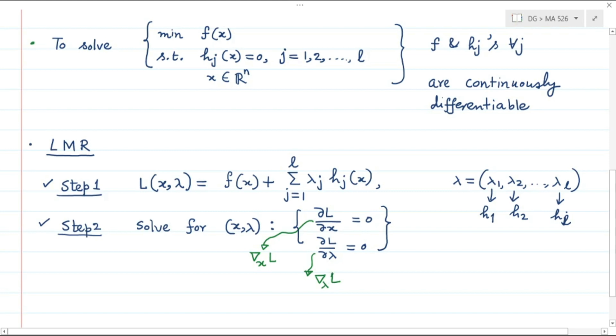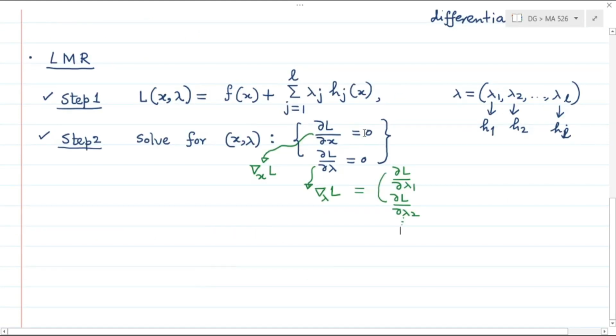These are notations, and this del L del lambda, by that we mean we have these components: del L del lambda 1 as the first component. Lambda has L many components, and therefore you have the second component as del L del lambda 2, and the Lth component is del L del lambda L. This is equal to 0. And similarly, del L del x, here you will have n many components.